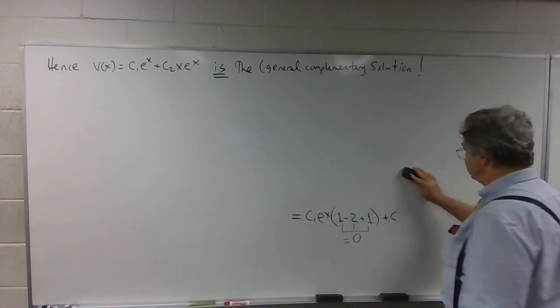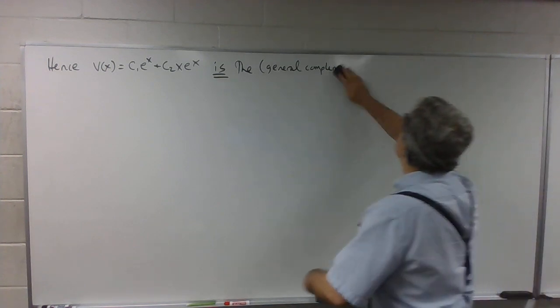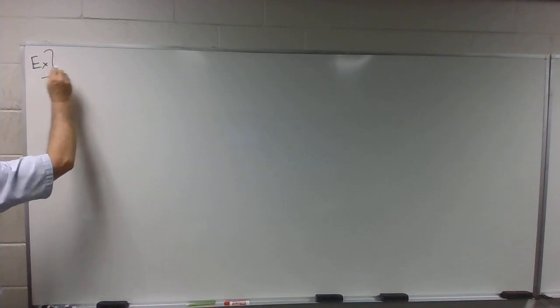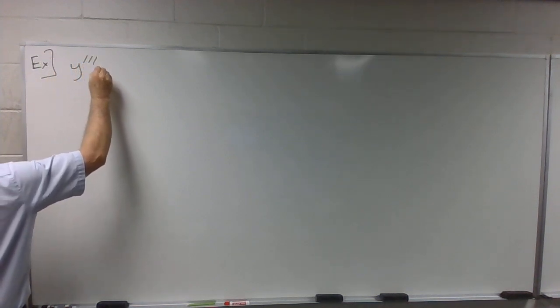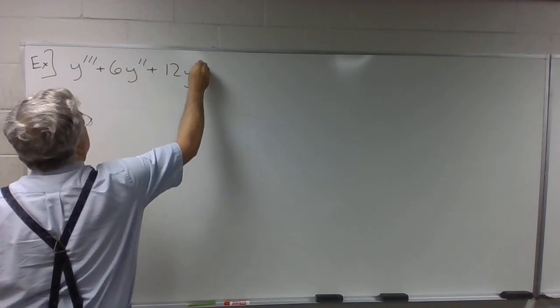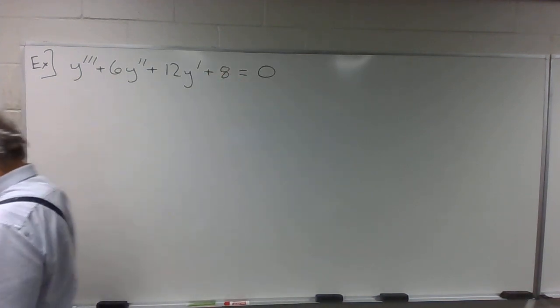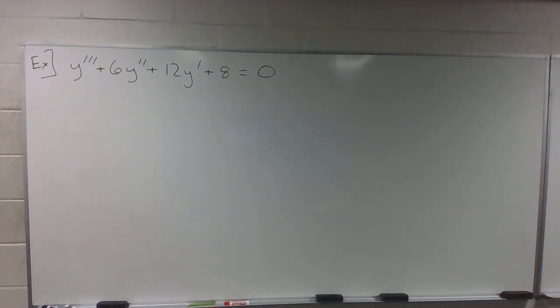Now let's illustrate this again with an exercise that's slightly more complicated. So that's y triple prime plus 6y double prime plus 12y prime plus 8y equals 0.